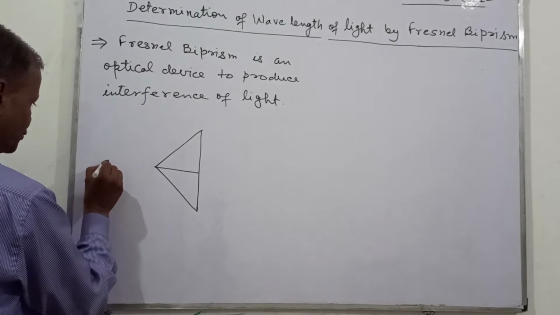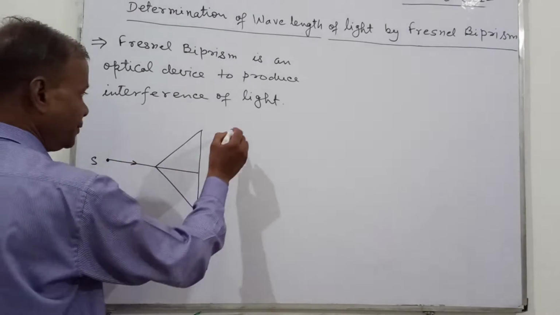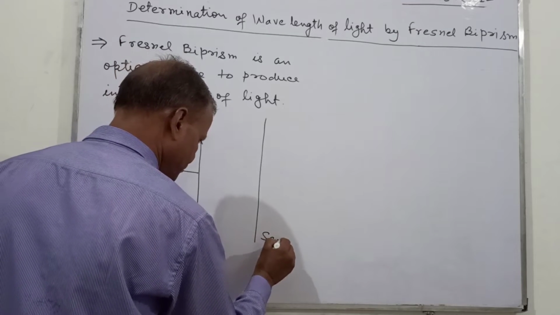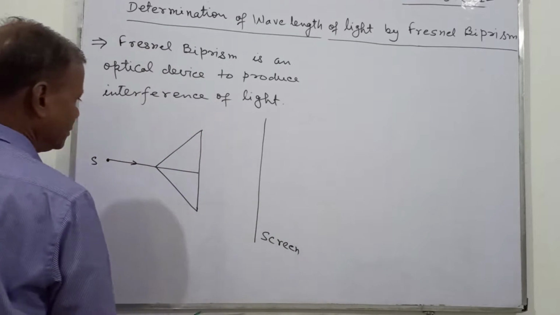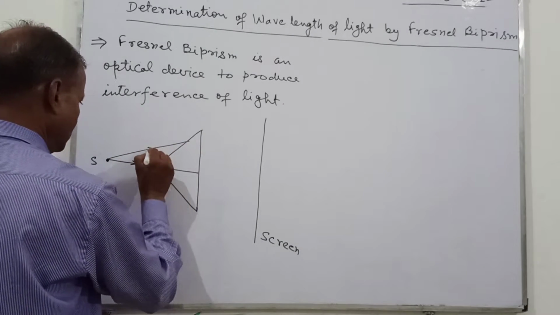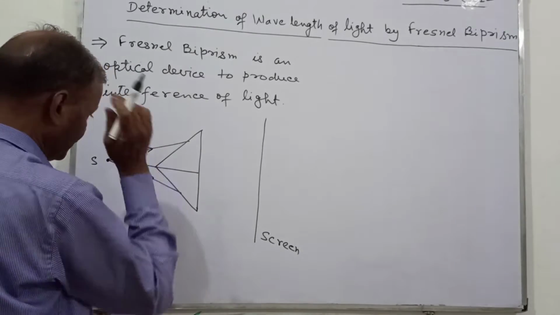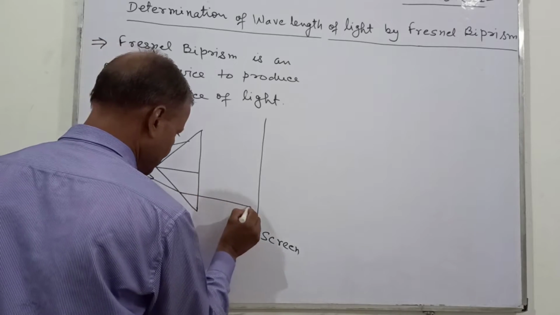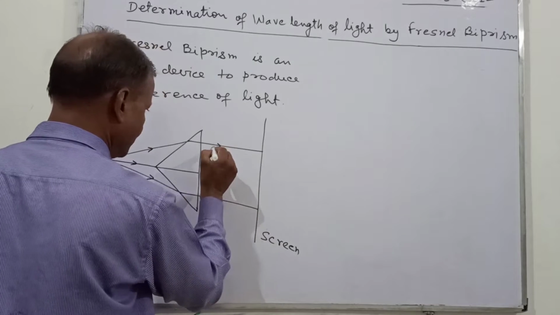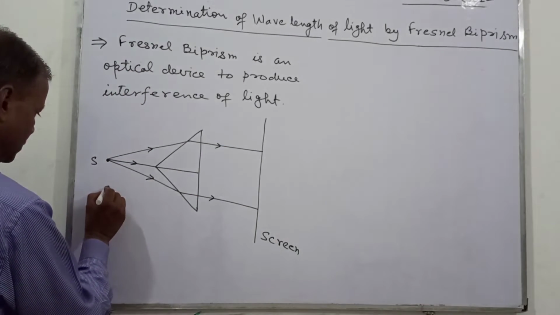This is the light source S. The light ray from here, and this is the screen. This light ray goes like this, and this goes parallel in this way.